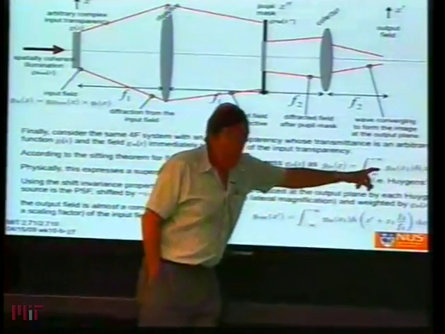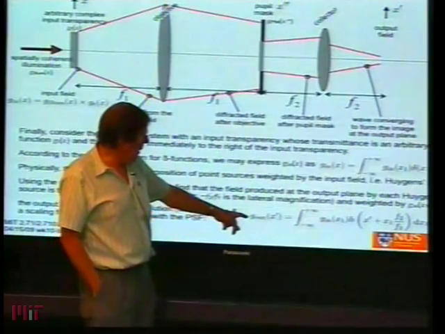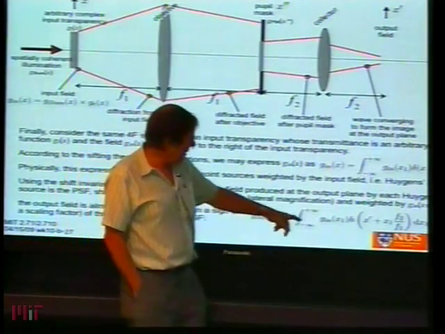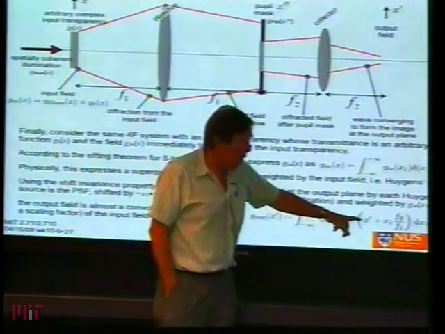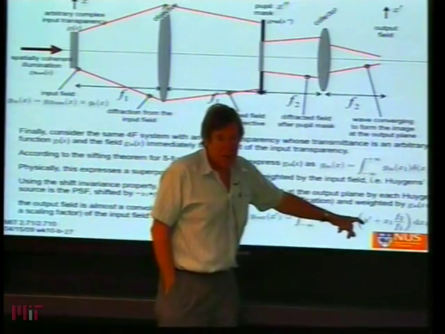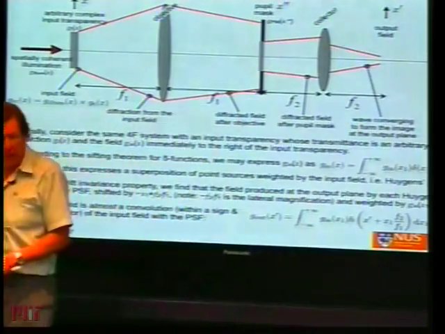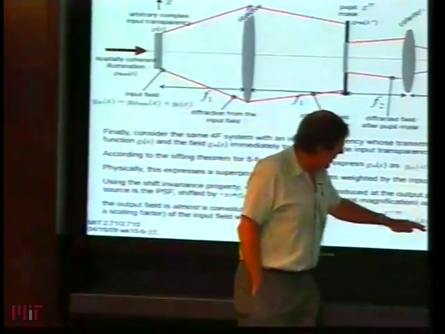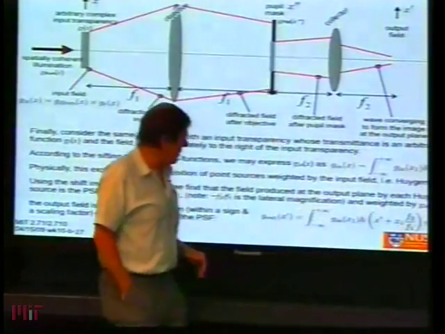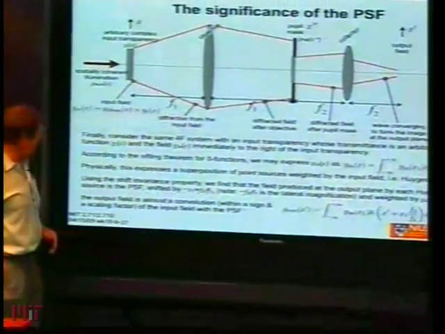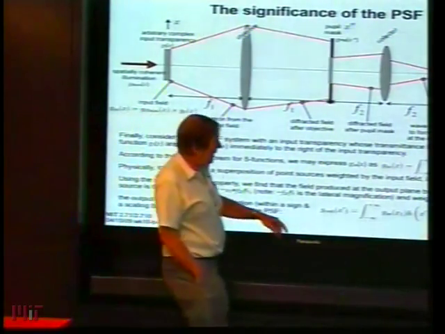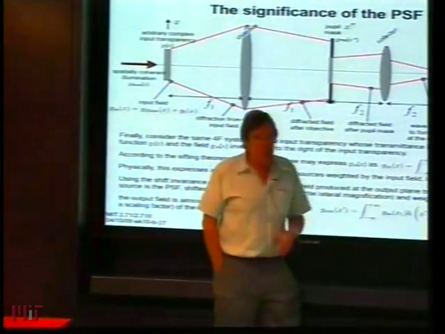So our final expression says that the output amplitude is the input convolved with the point spread function. You can see this expression is exactly the same as an ordinary convolution expression.